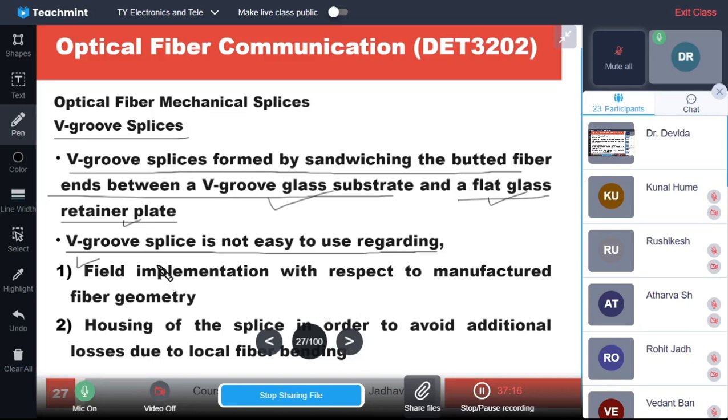So obviously the bending will be there for the fiber.